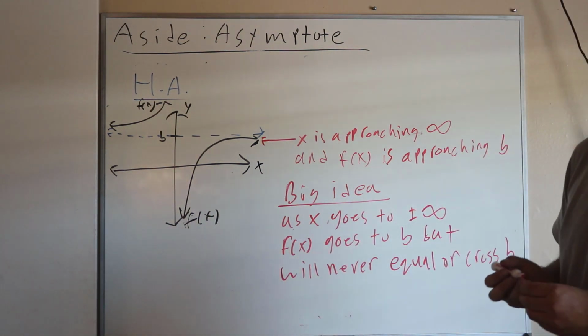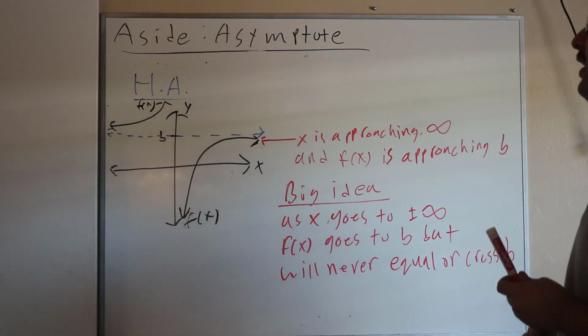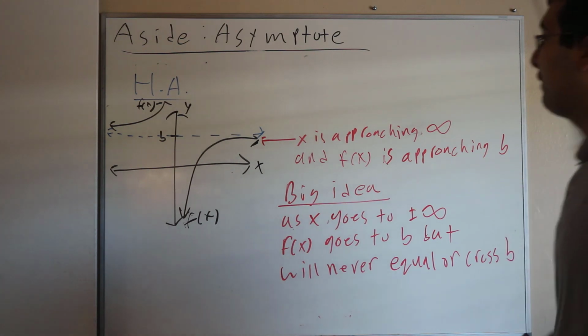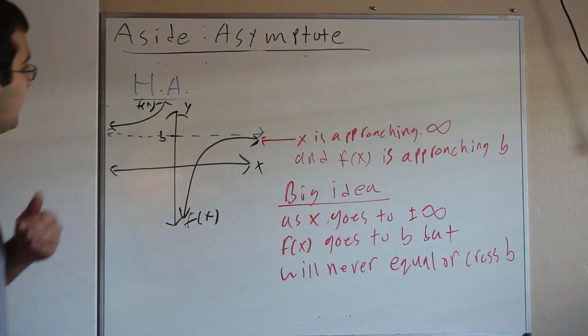So that's the big idea for these asymptotes, or at least for the horizontal asymptote, I should emphasize. So that's what's going on there.